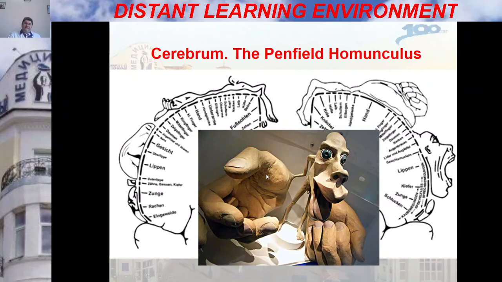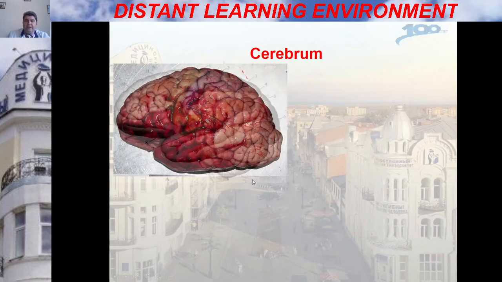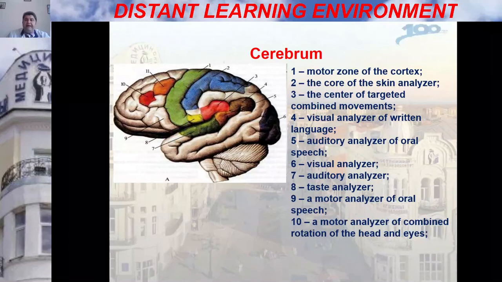So you may see this projection in three-dimension model. So you may see the projections of functional zones on cortex. In number 1 you may see motor zone of cortex in green color. In number 2 the core of skin analyzer.